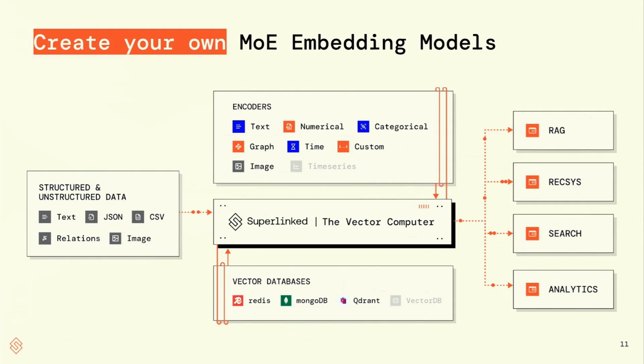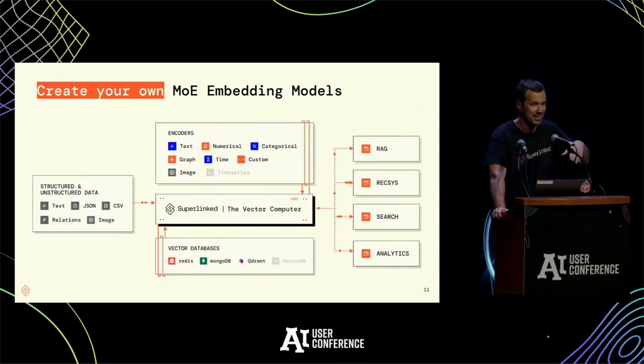We apply a similar solution to embeddings with an important difference. For us, the experts are all different encoders that can eat different kinds of data. Okay, we have encoders for numbers and graphs and location and all these kinds of information that you need a dedicated, specialized encoder for.